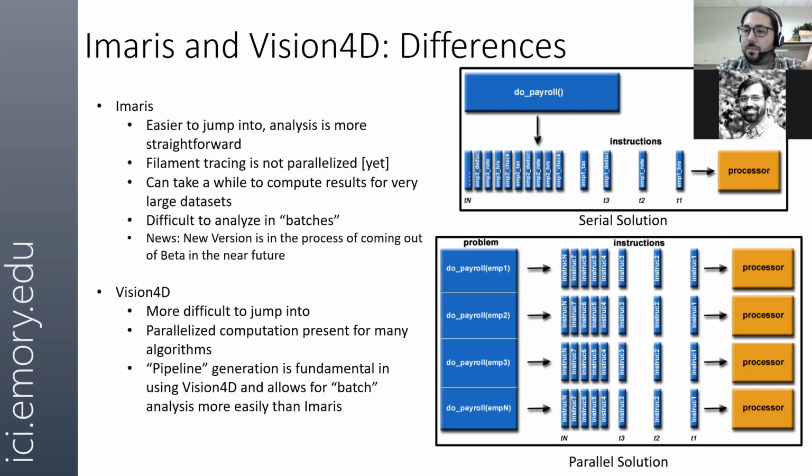You perform a data set, and then you can perform that exact pipeline on a bunch of those sets. That is harder to do with Imaris. Usually you'll have to go through one by one, but Vision 4D is made to be used in that kind of batch analysis way. So if you have a lot of calculations that you need to do to a bunch of different data sets, Vision 4D is generally pretty good for that.